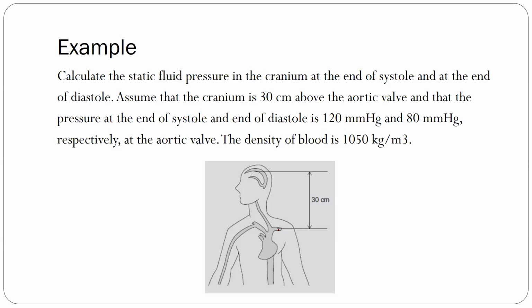The pressure after pumping, at the end of systole and diastole, is, let's say, 120 over 80 for the blood pressure. Blood pressure is actually measured in millimeters of mercury. So you can apply Pascal's law. Just take the pressure at this point, you can call it point 2 and this one point 1, and then apply Pascal's law. So please practice this problem.